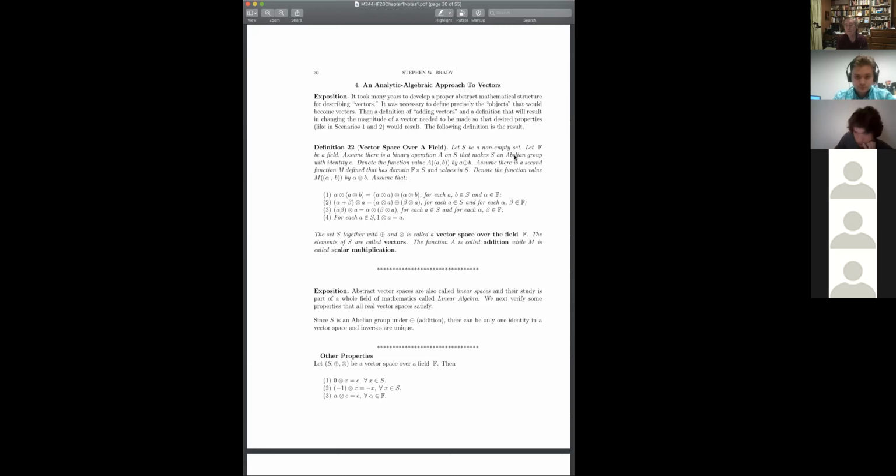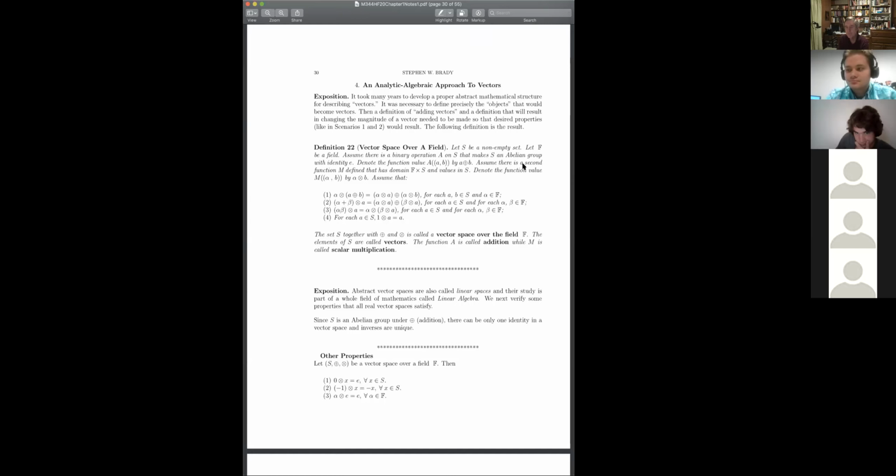That means when you add things together, if you add A plus B, it's the same as adding B plus A. If you associate, if you do A plus B and then C, that's the same as doing A and then B plus C. There's an identity, which we call zero in a group, and there are inverses, which we put a minus on for a group. So what we're saying is that when I have one addition, it has those properties.